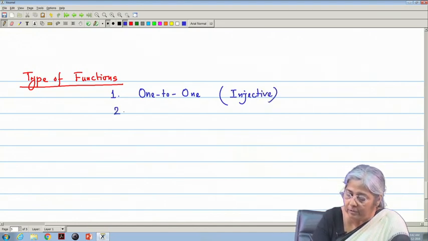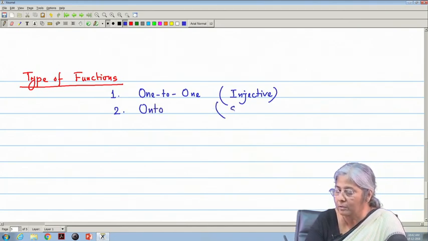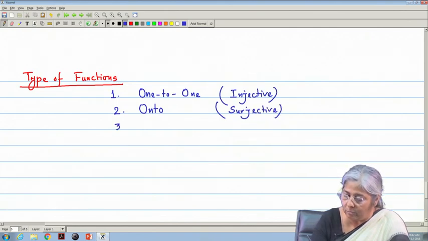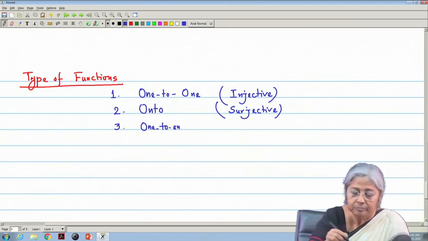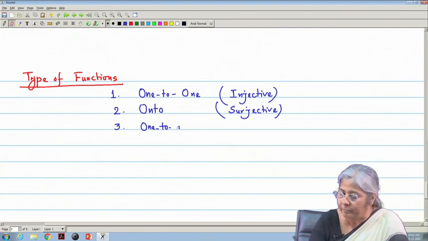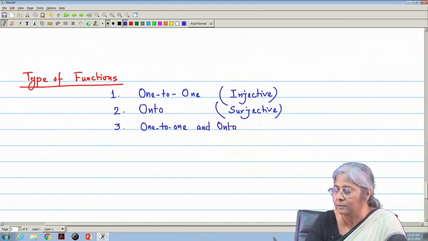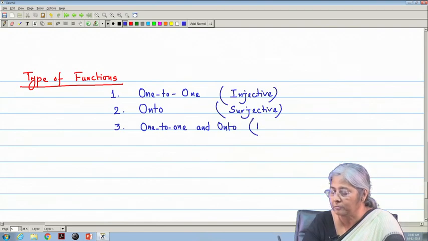We have the onto function, it is called surjective, and one that is both one-to-one and onto, and this is called a bijective function.